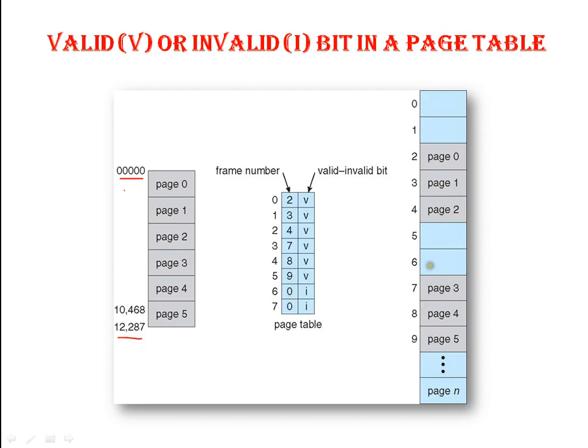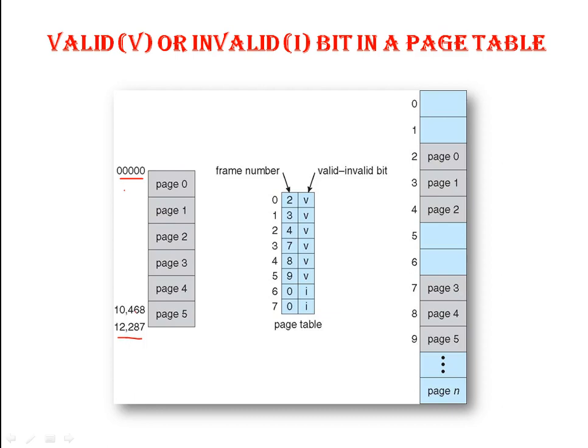It is not at all present inside your physical memory and it is invalid. Invalid means that here the program extends only to the address 10,468. That is the logical address considered here, from 0 to 10,468, that's all.